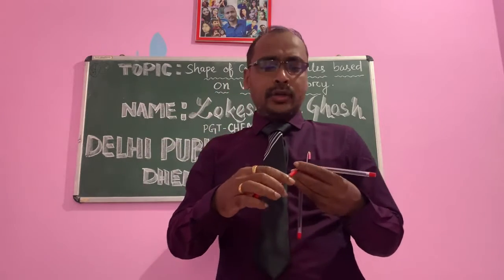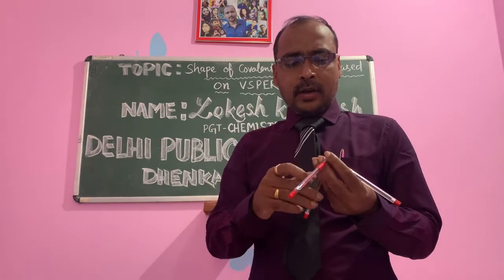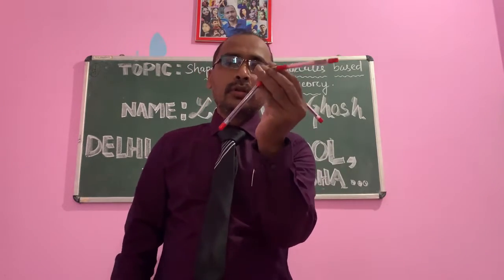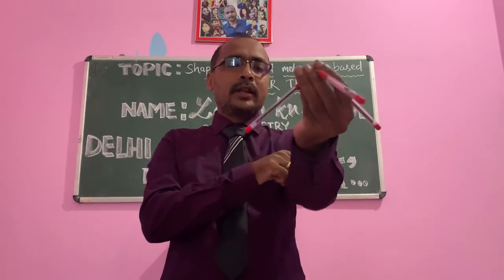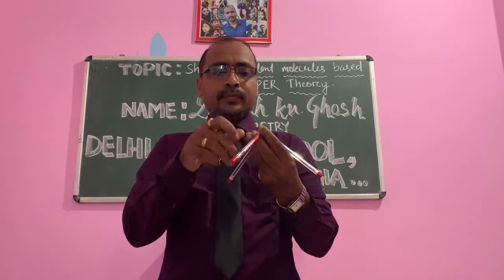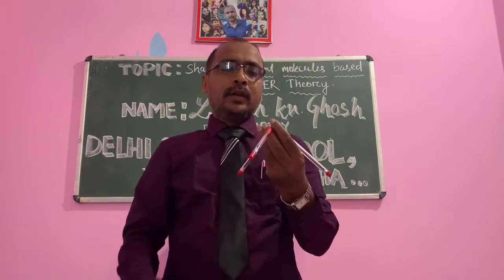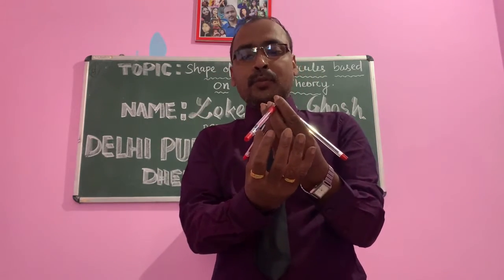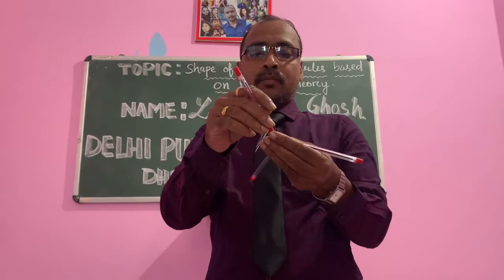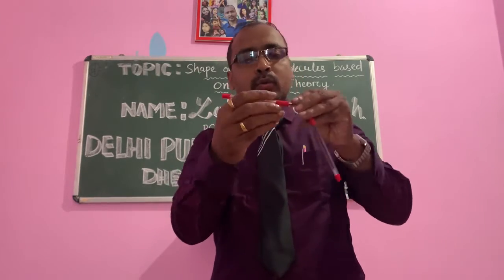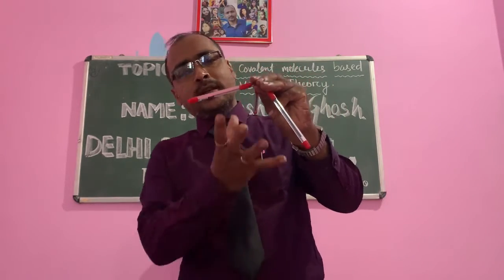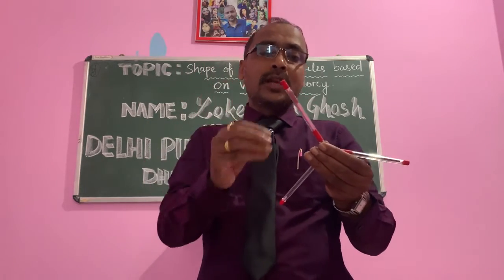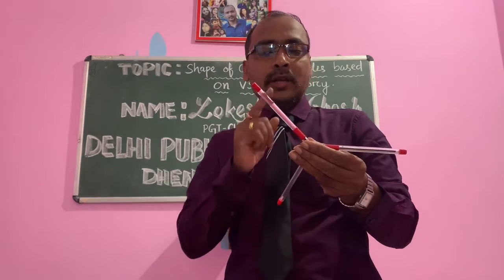Again the central atom is A and the atoms around the central atom are B. We can draw the shape like this also. All are 3-dimensional spatial arrangements. You see there is a lot of space left, minimum space and maximum space. So the bonds adjust by themselves to maximum distance and minimum repulsion.